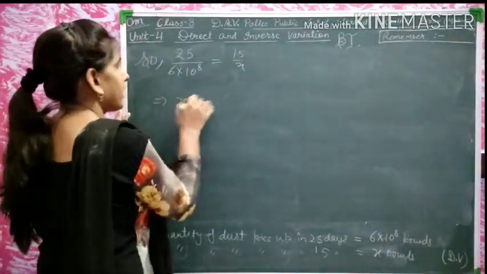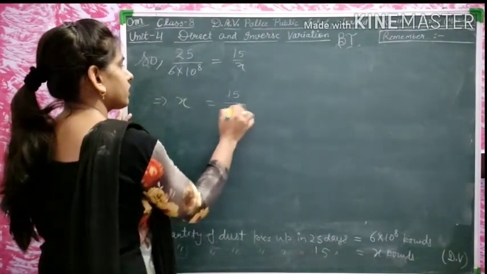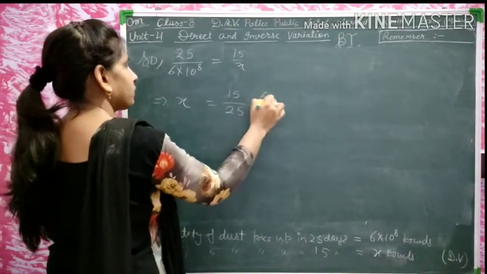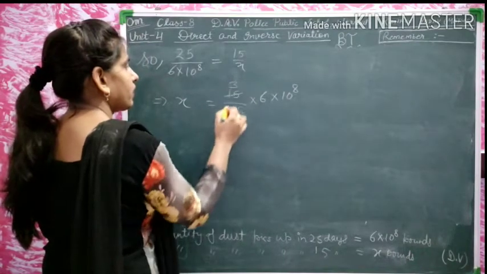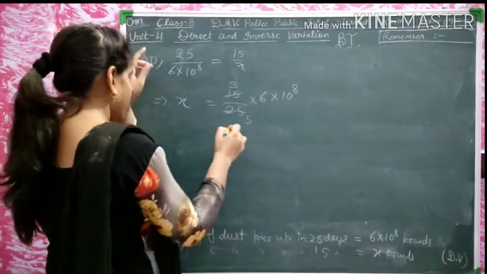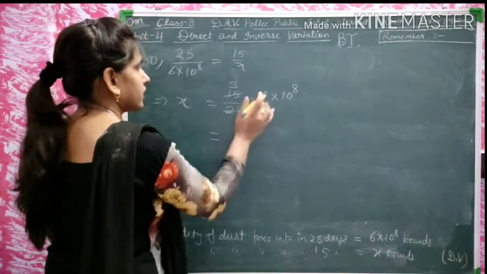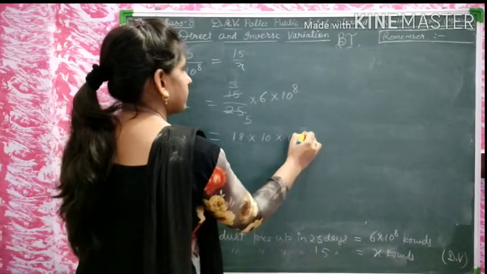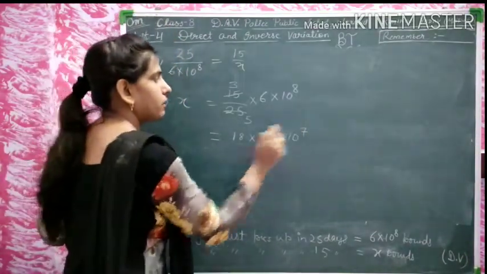It implies x is 15 divided by 25, multiplied by 6 into 10 raised to power 8. 5 threes are 15, 5 fives are 25. And we will get 3 into 6, that is 18, into 10 raised to power 7. 10 raised to power 8 is written as 10 into 10 raised to power 7.